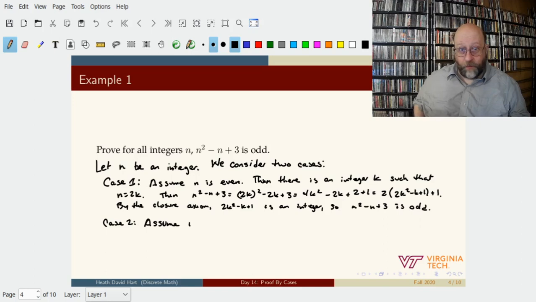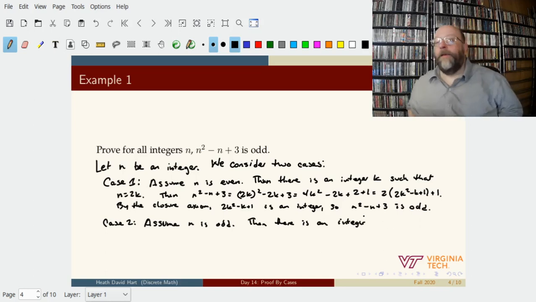Assume n is odd. Then there is an integer. All right, I've used k up here.